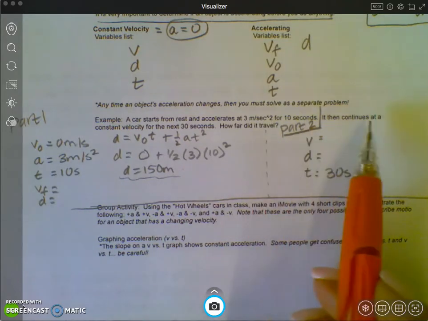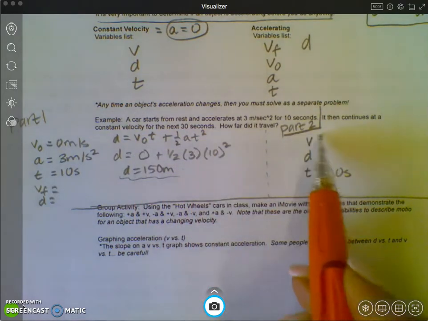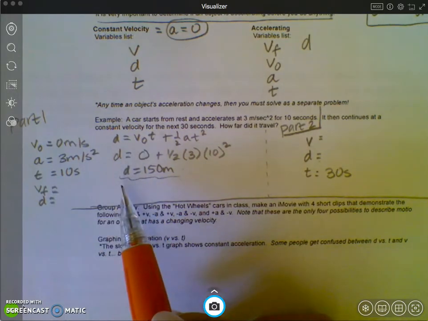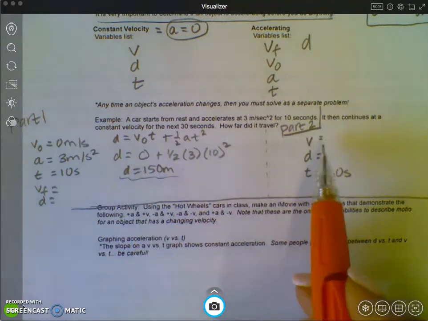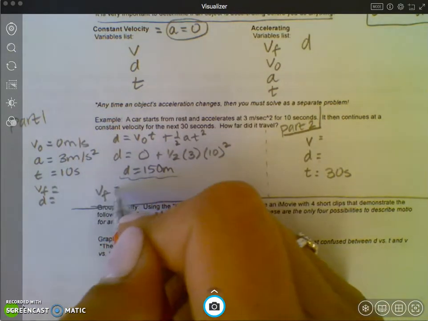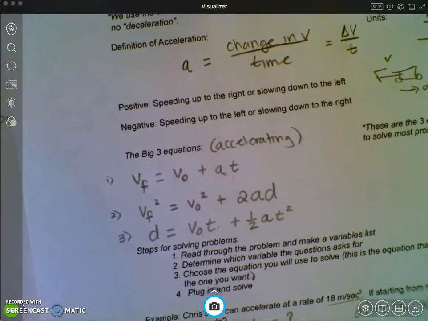After 10 seconds, it continues at that constant velocity for the next 30 seconds. So the velocity for part 2 is whatever velocity we finished with in part 1. So the key is that we find the final velocity in part 1, and that becomes our constant velocity in part 2. Okay? So in order to find the final velocity, we can use any of the equations that we want because we have all the variables.